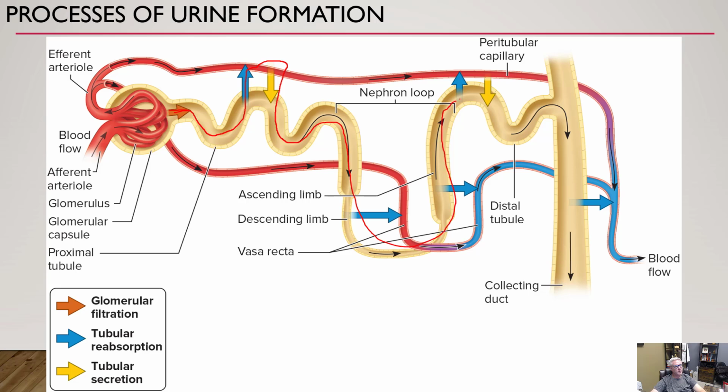So it might be secreted in the ascending limb of the loop of Henle, and then it might be reabsorbed in the collecting duct. You don't necessarily have to know everything of what gets filtered out, what gets reabsorbed, what gets secreted. You will need to know this one just because it's underlined.